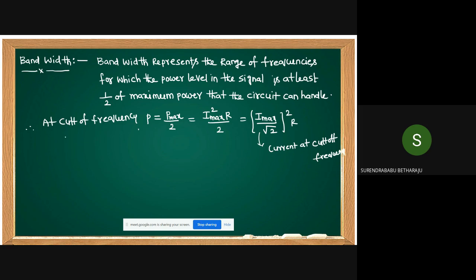Then if you represent this curve, omega versus I curve, this curve you already know. I drew it already. This corresponds to omega naught. Let this current be I max.